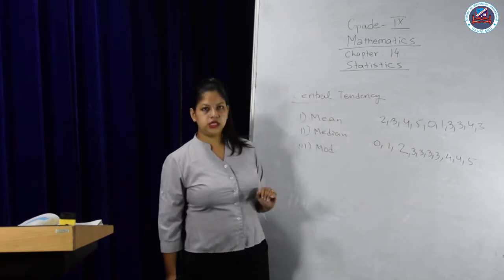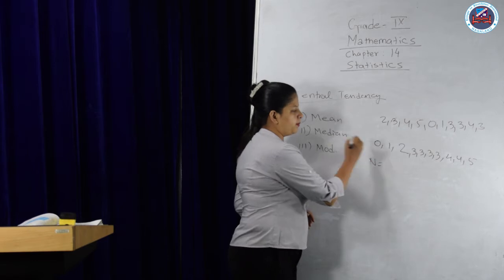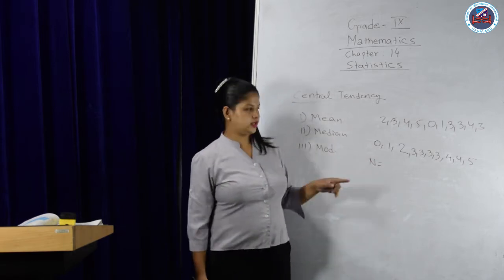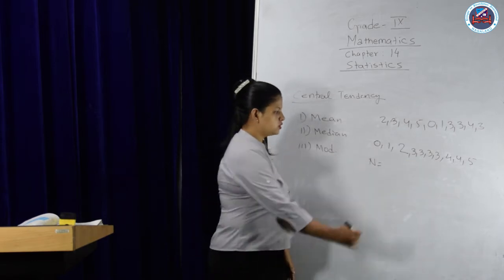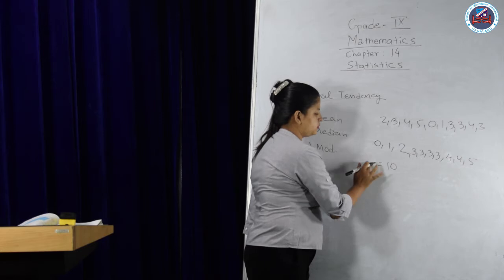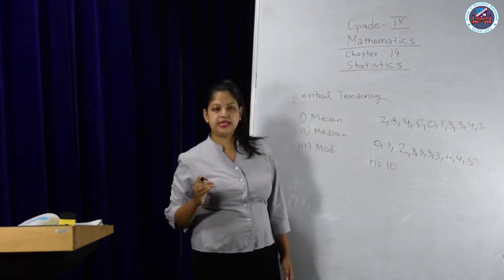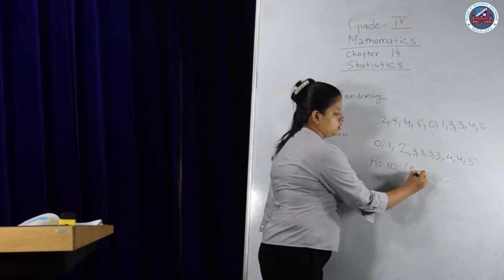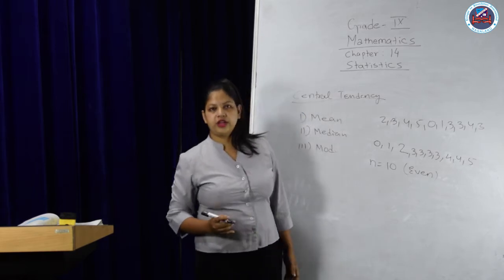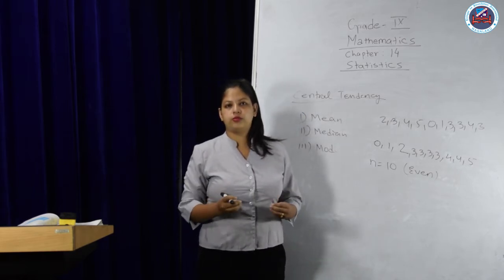After arranging, find the total number of the given observations, that is 10 out here. So n equals 10. So if n is 10, 10 means an even number. For even and odd, the calculation formula is a bit different.